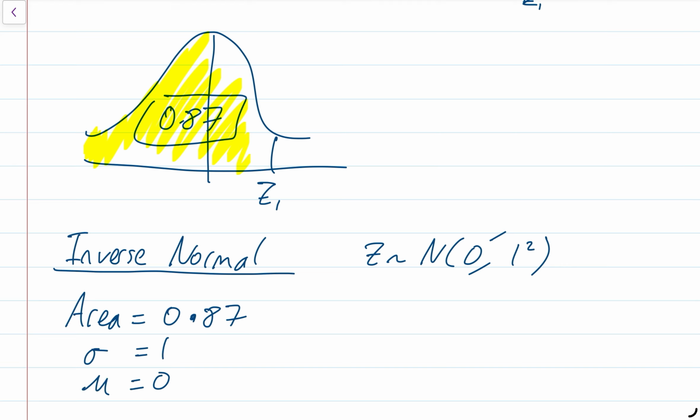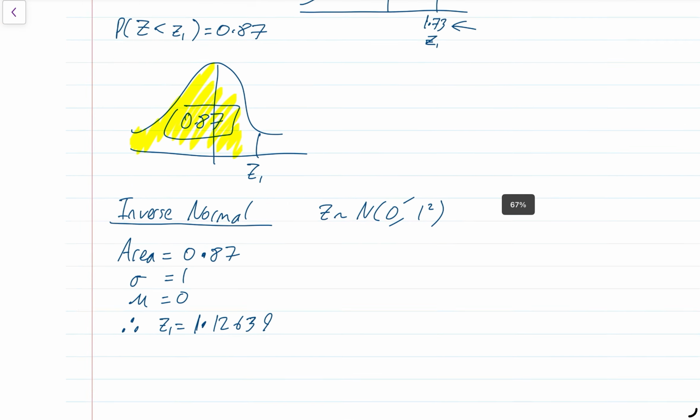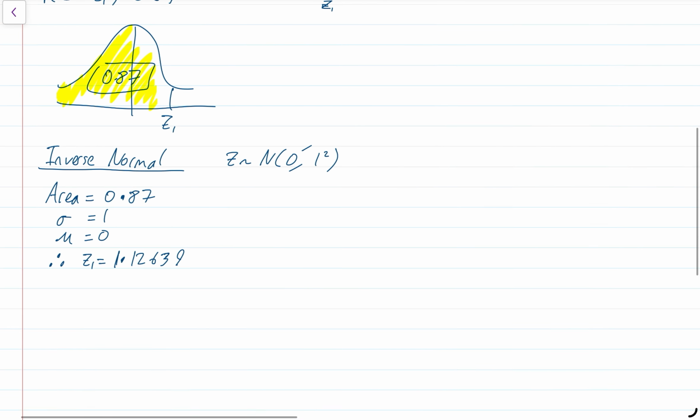So the area is 0.87, sigma is 1, mu is 0. Fire that all in, and when I put that in, I got my Z1 to be, and use a whole pile of decimal places, 1.12639. So there we have 5 decimal places, and then we're going to put that into the formula.